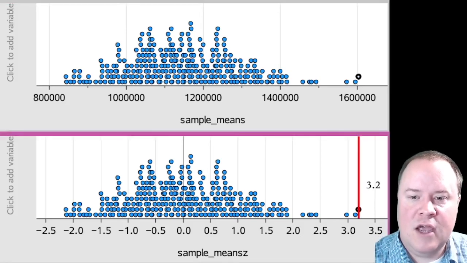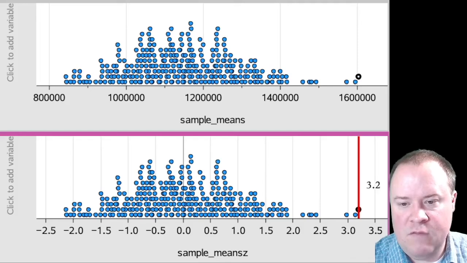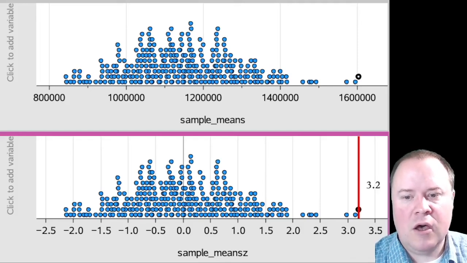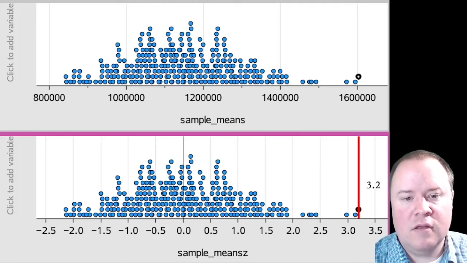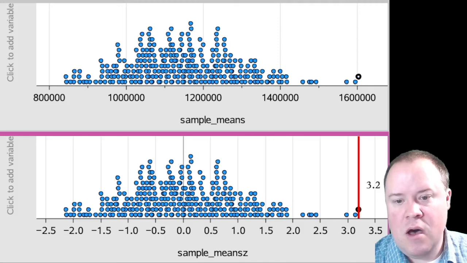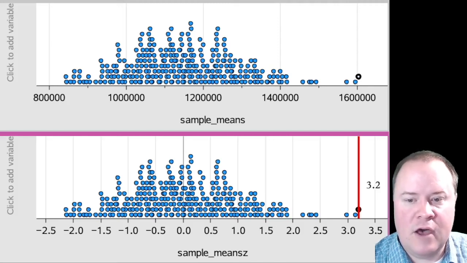So this line here at 3.2 standard deviations above the mean is really far away, and we could even calculate the likelihood of this. Let's say we count how many values are beyond the 3 line here.